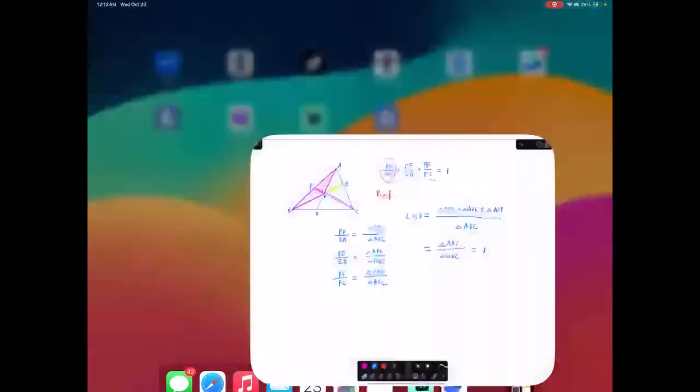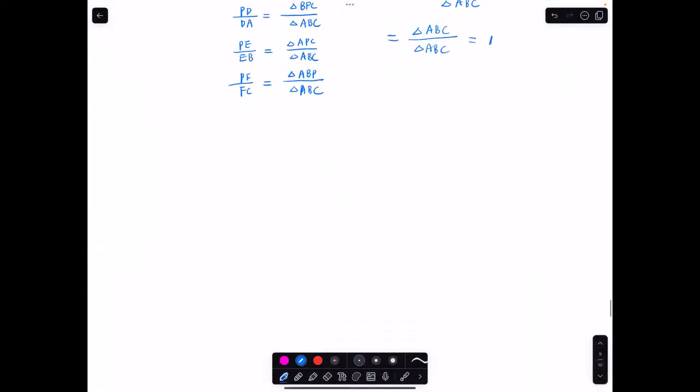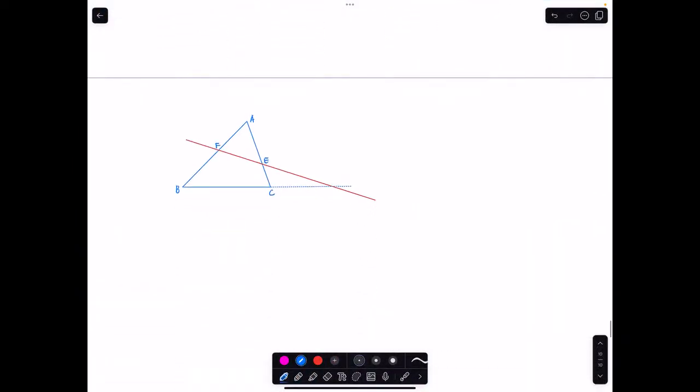So let's restate from here. This is what is called the Menelaus problem, maybe a theorem.